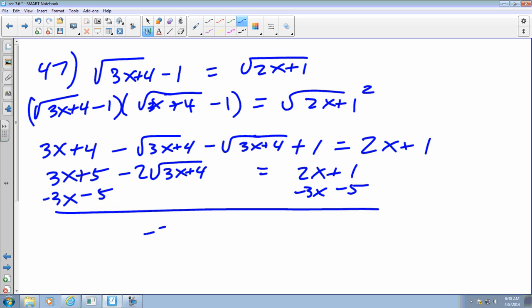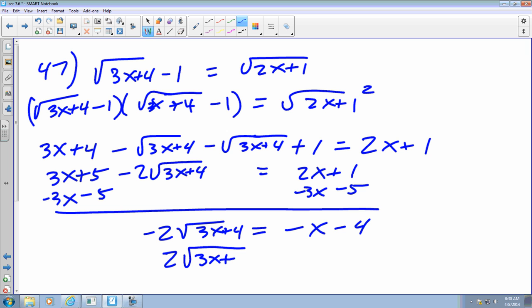And I get negative 2 square roots of 3x plus 4 equals negative x minus 4. Again, notice everything's negative. You don't have to at this point, but you certainly can change the signs before you multiply it out. We just want to avoid as many mistakes as we can.